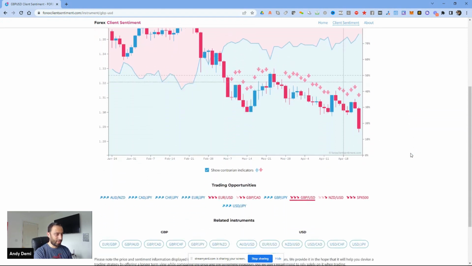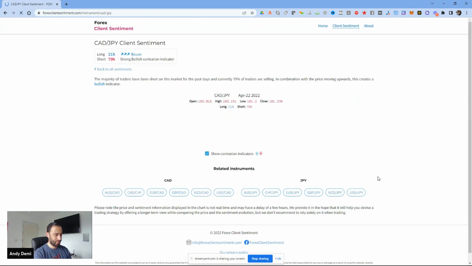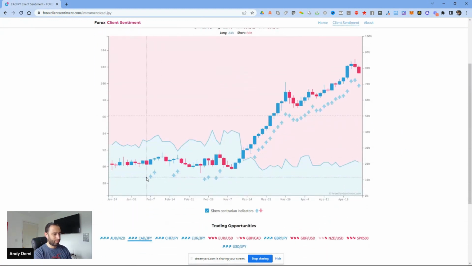Okay, and then you can kind of click through and look at other currency pairs. So for example, this one is strongly bearish. Why don't we look at a strongly bullish one, something like CAD yen. So CAD yen, wow, look at that. So we had a bullish sentiment from the 7th of Feb, and you can see that the market has been going up, and it's up a lot since that point.